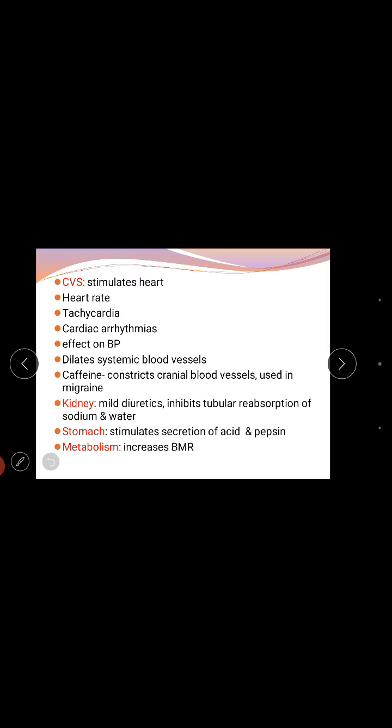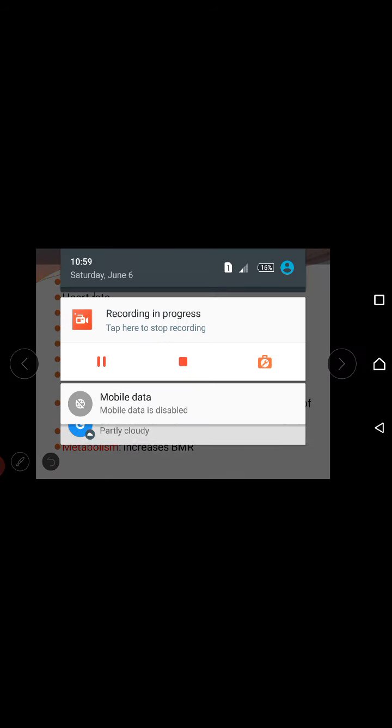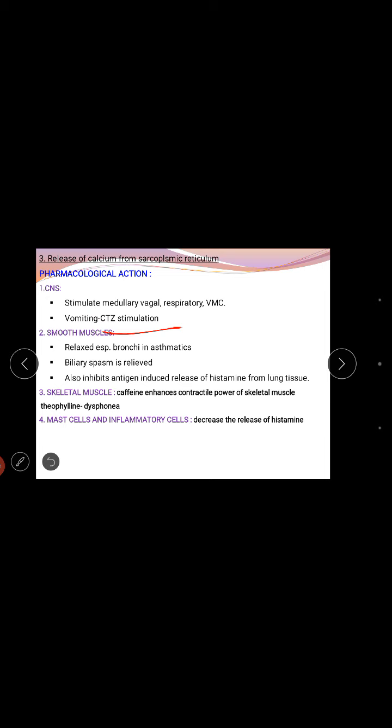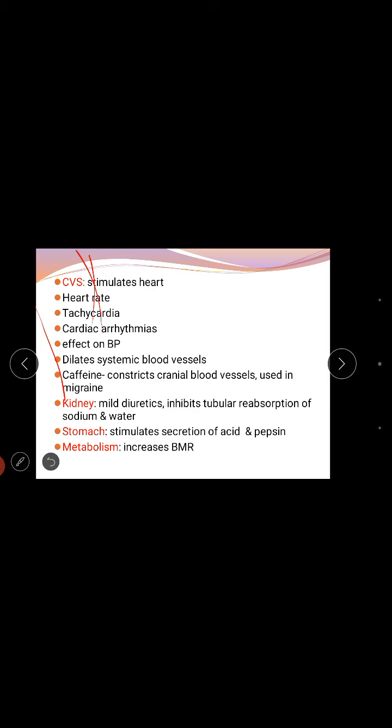CVS: it stimulates the heart, increases heart rate, like tachycardia you may see. At higher doses you'll see cardiac arrhythmias like irregular heart rate, bradycardia, tachycardia.